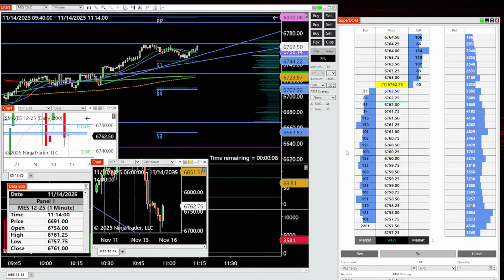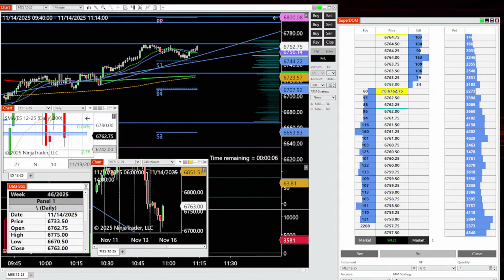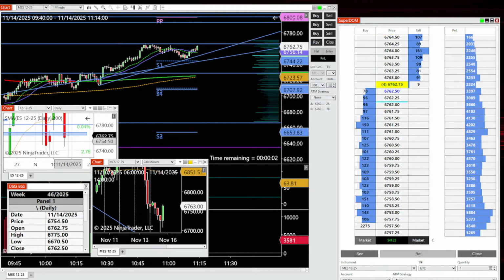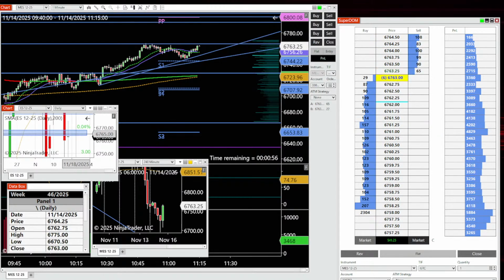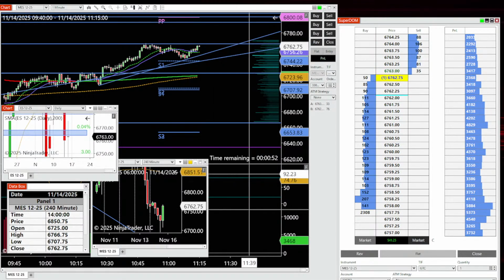We may be trying to get to that 75, the overnight high of 75. It's possible. We have to get through this area here, up to 70.